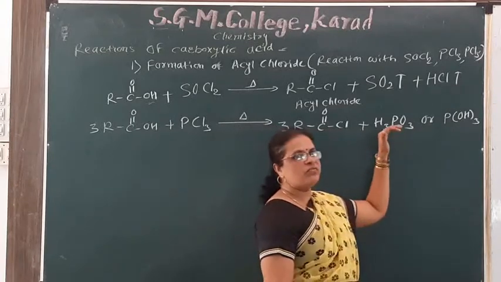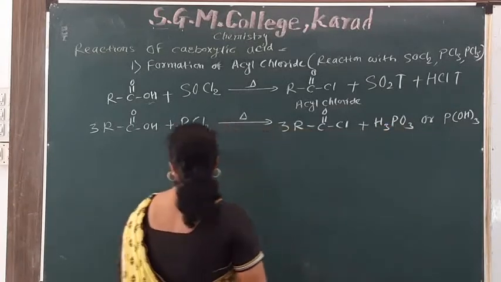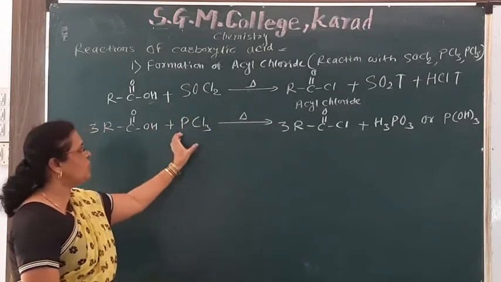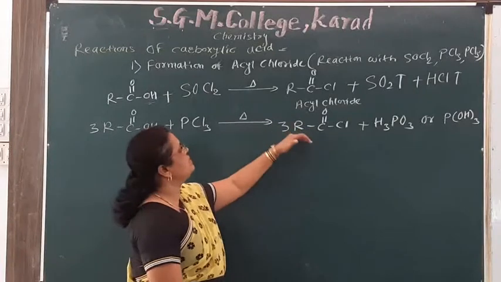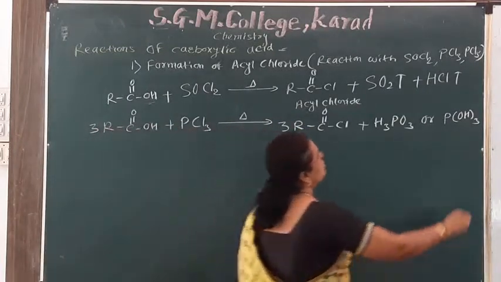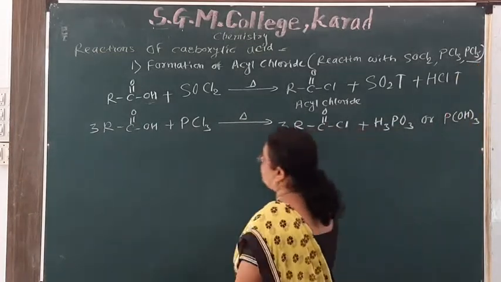This is known as phosphorus acid. Means here carboxylic acid is heated with phosphorus trichloride, then it gives acyl chloride.